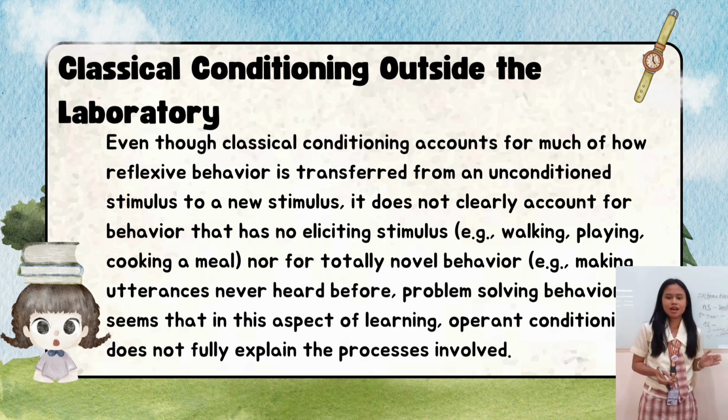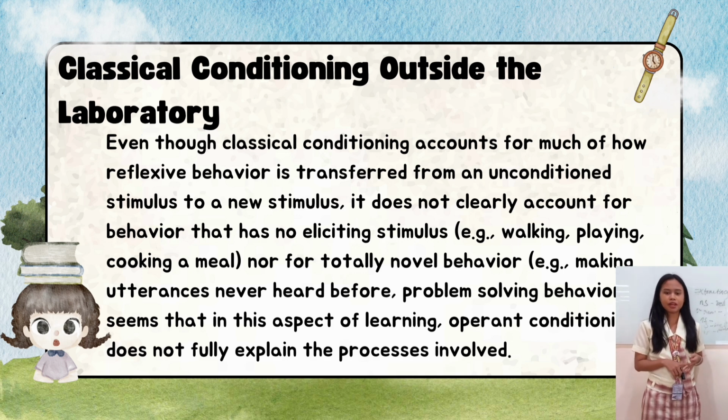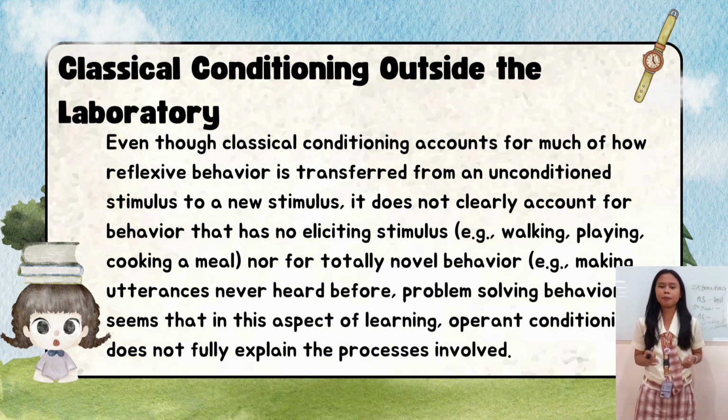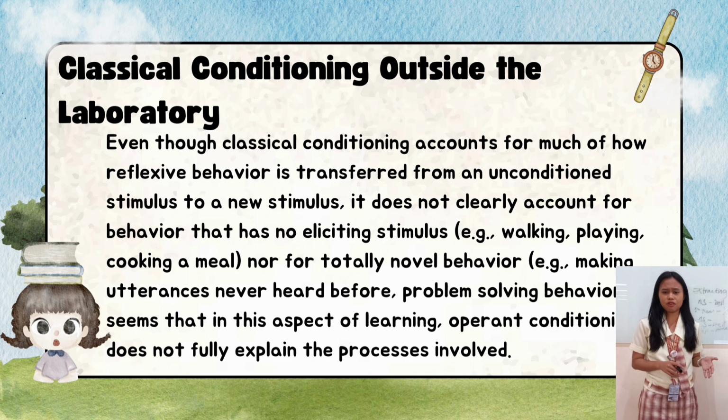Examples are walking, playing, and cooking a meal. Nor for totally novel behavior, for example making utterances never heard before, or problem-solving behavior. It seems that in this aspect of learning, classical conditioning does not fully explain the process involved.